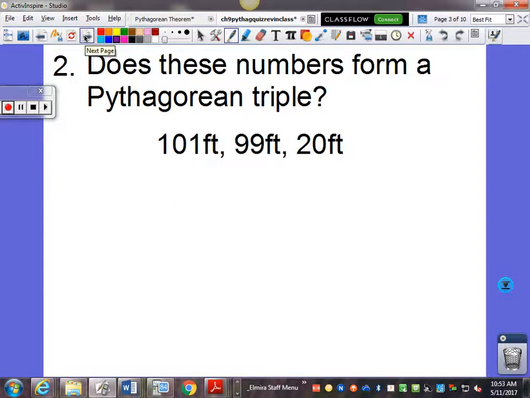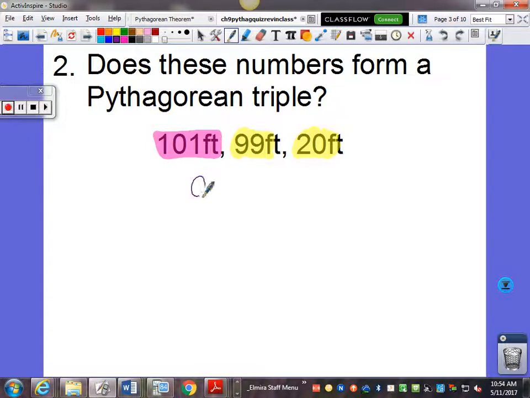Problem 2 asks the same question, but using different words. It says, do these numbers form a Pythagorean triple? It means the same thing as what we just did. So I would take my color highlighter and find the largest number, and then yellow for my other two numbers.